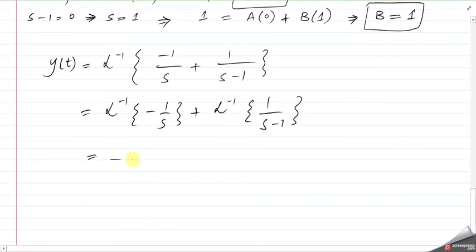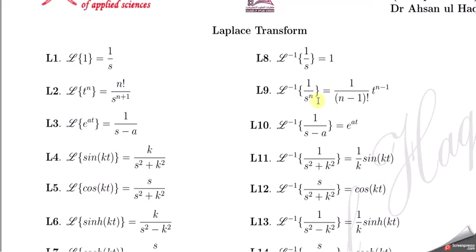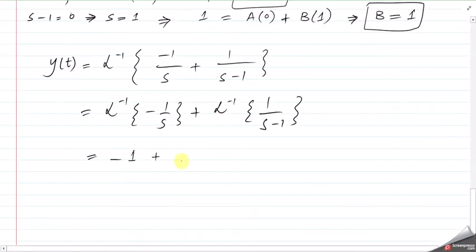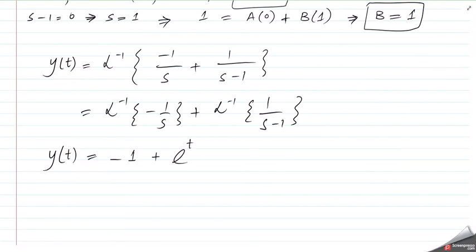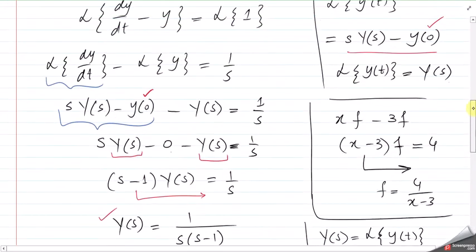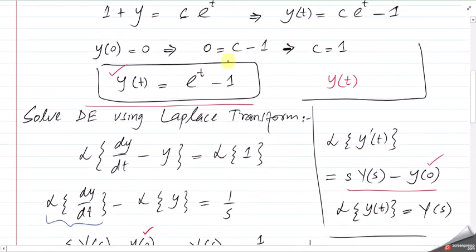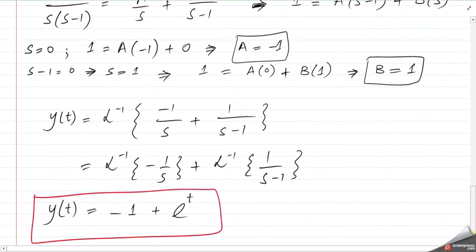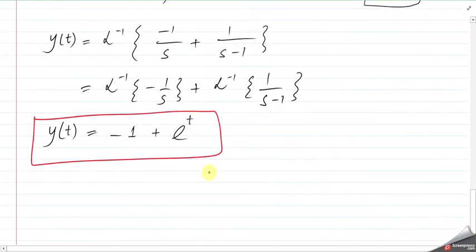So this is minus 1 plus, Laplace inverse of 1 over s minus 1 is e power t. So plus e power t, and that is our y of t. Let's see if we get the same y of t as we did without Laplace: e power t minus 1, exactly the same.